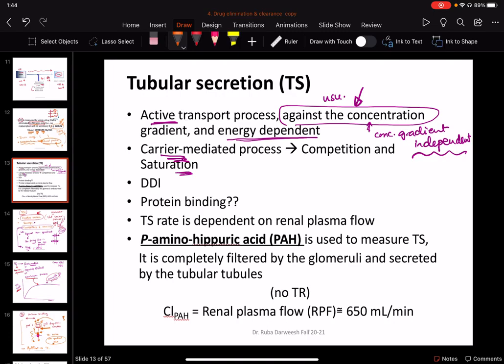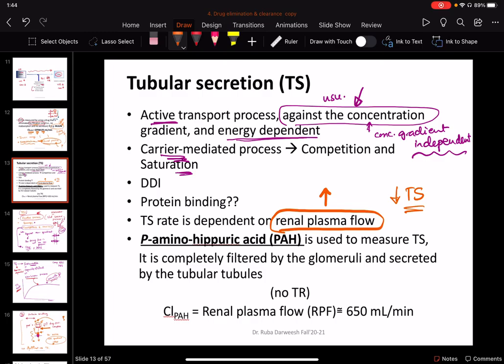It depends on renal plasma flow, yes, and it was found that as the flow of the plasma increases, the rate of tubular secretion decreases, because the time needed for the drug to bind to a certain transporter or carrier is decreasing, so the tubular secretion is decreased. Okay.